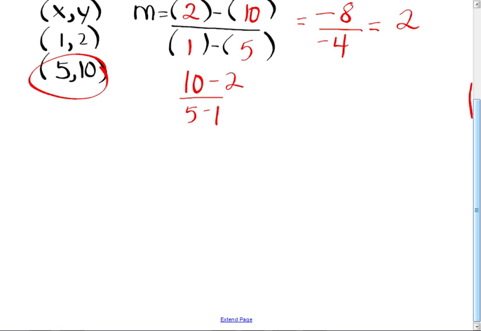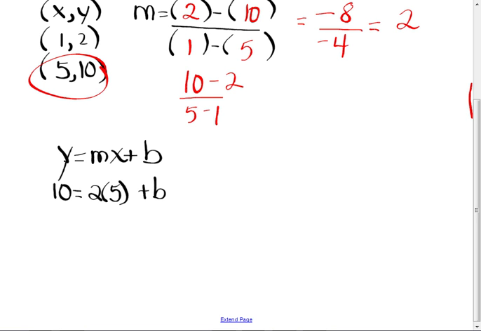Okay. So I'm going to write down the formula again. Some of you can skip that because you know what you're doing, which is fine, but I'm doing this for everybody. Y equals mx plus b. So what goes here? 10 goes there. Good. Equals my slope. What's my slope? 2 times 5 plus b.